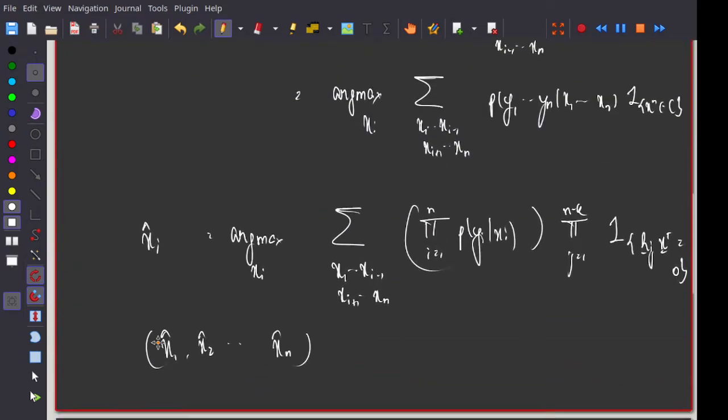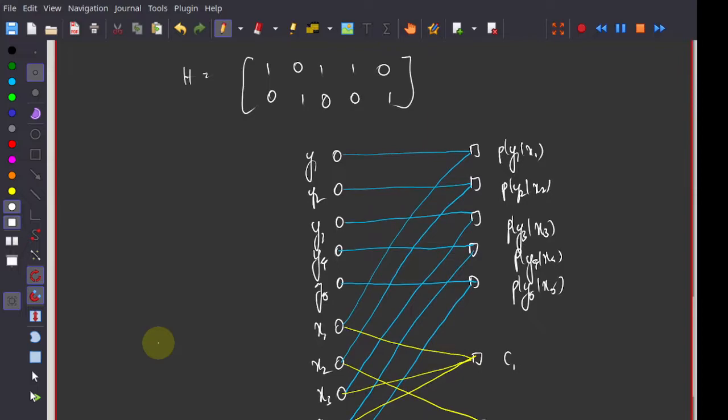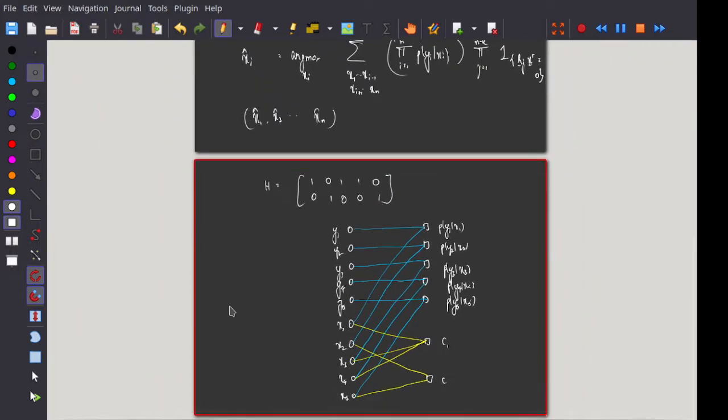So let's again quickly recall the factor graph or the junction tree corresponding to this particular problem. Right? Remember that these were the corresponding. So this was one factor graph. Remember, there were 2n variable nodes and n minus k plus n check nodes. Right?